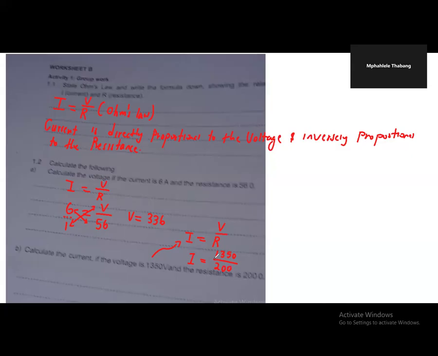So 1350 divided by 200 is 6,75. This is your current, and you must write capital letter A to indicate the unit of current. So that was 1.2b.